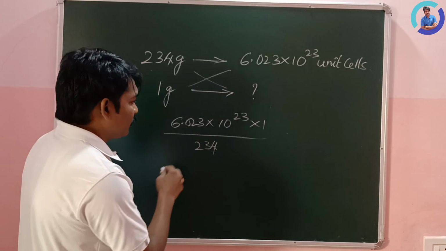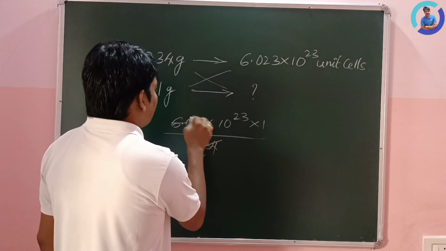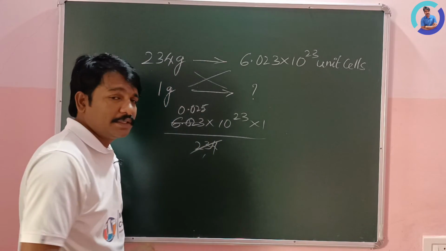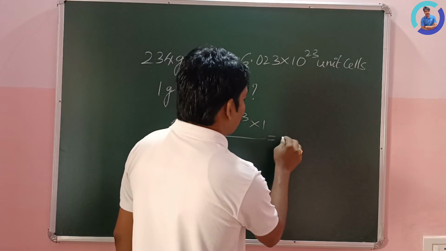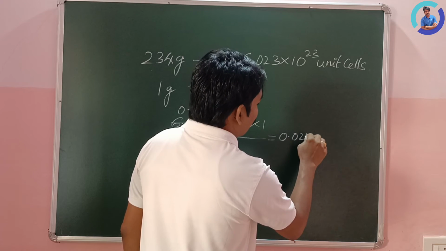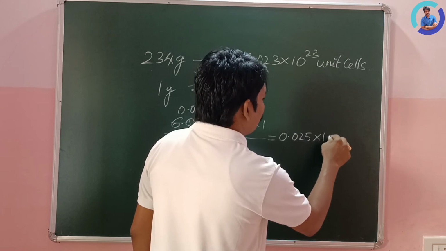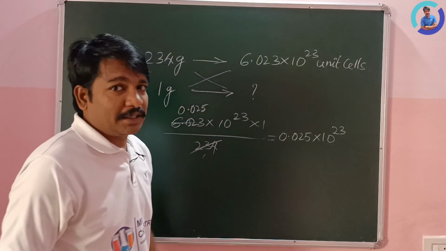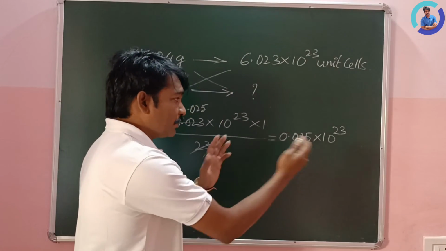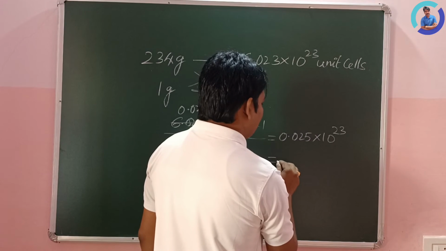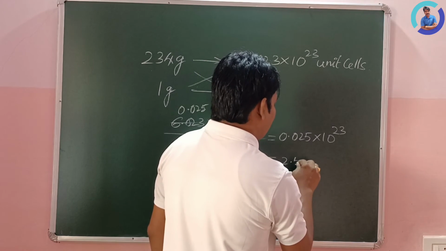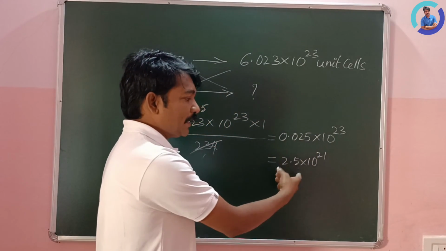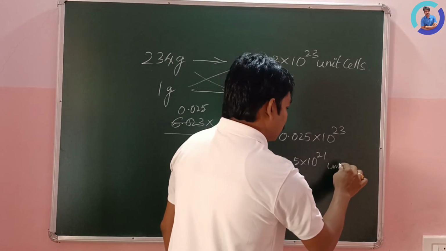If you simplify these two things, you will get around 0.025 into 10 to the power of 23. But it is not there in the options, that's why we have to simplify this one. If you make it 2.5 into 10 to the power of 21, we can write the same value like this, unit cells.